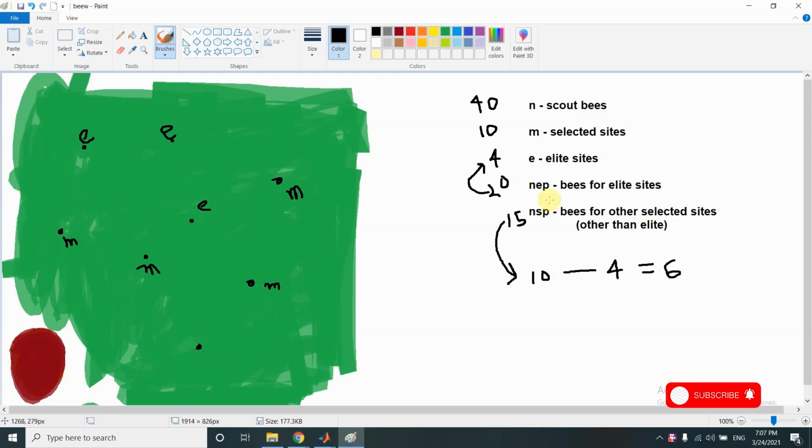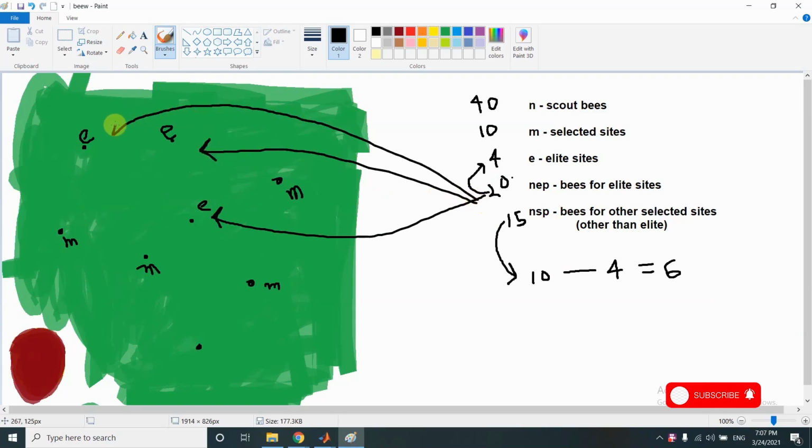Now these 20 bees will go to the elite sites and look for the food in the neighborhood of that site.